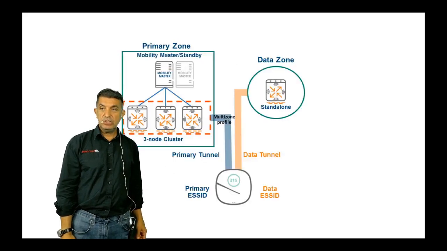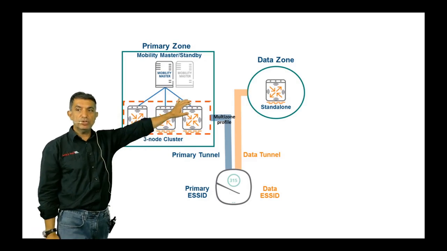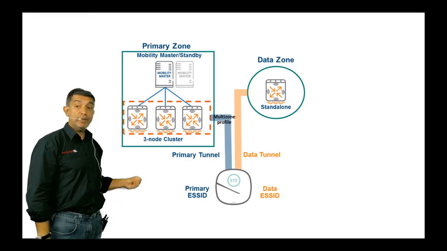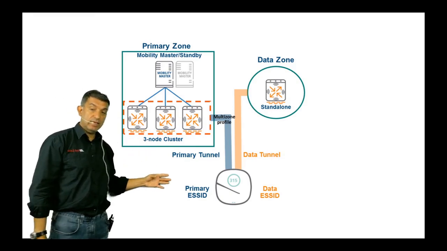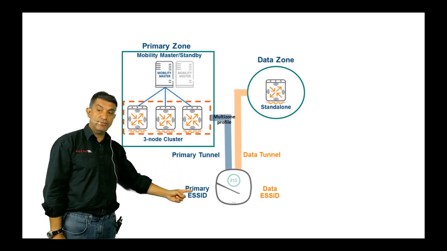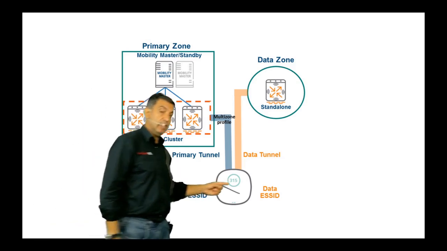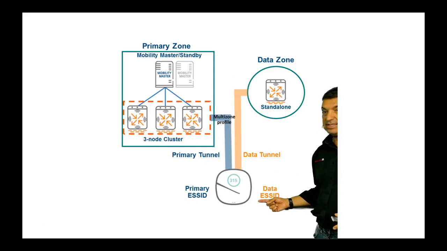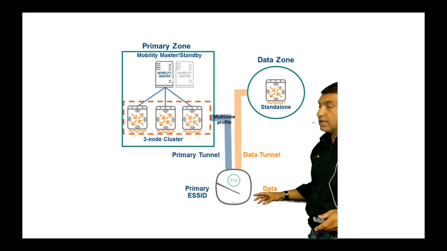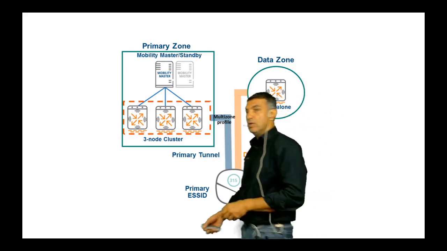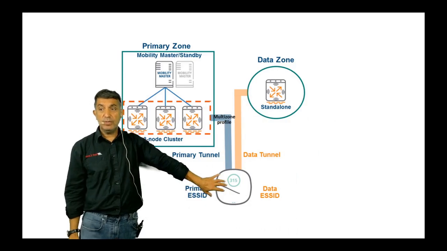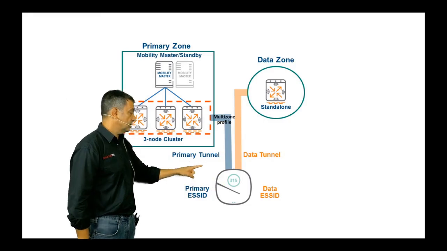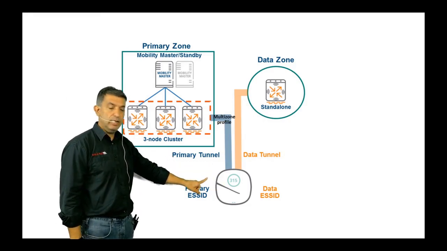Okay, so this is the solution of HPE Aruba. Here in this case, we can have two different SSIDs too. For example, a primary SSID and, for example, a data SSID. We can have a guest SSID, and one SSID can be sent to the primary zone and one to the different zone. So what will happen here is, from the view of the AP, this is a solution that is very special to Aruba.